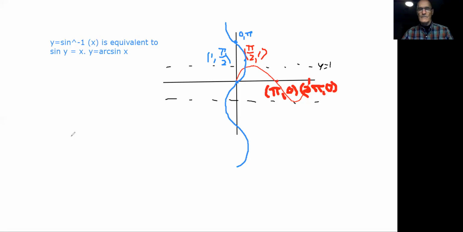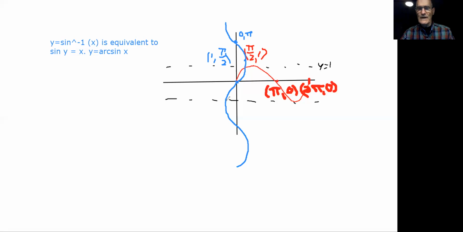Now, if you'll notice, the original sine function is not a one-to-one function, so the inverse is not a function at all. But for purposes of calculations, the mathematical community has decided that there is a principal range, and I'll do it in yellow.